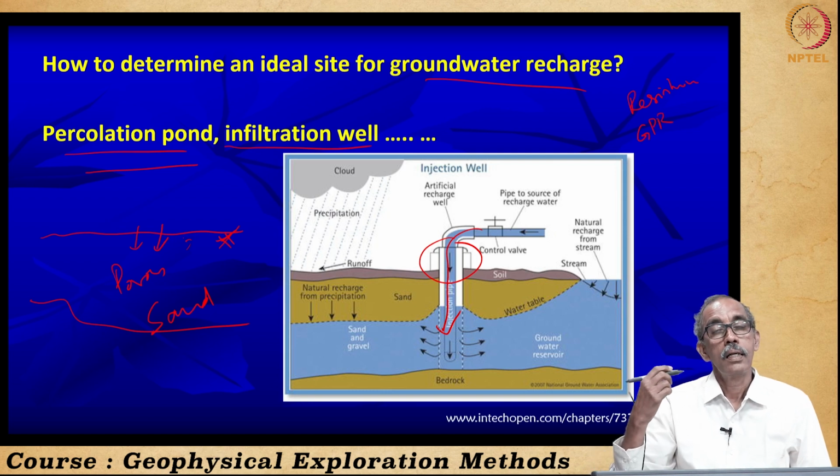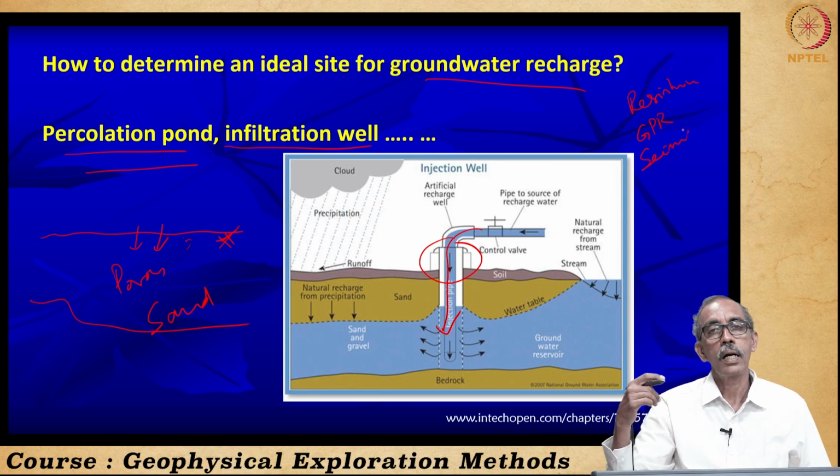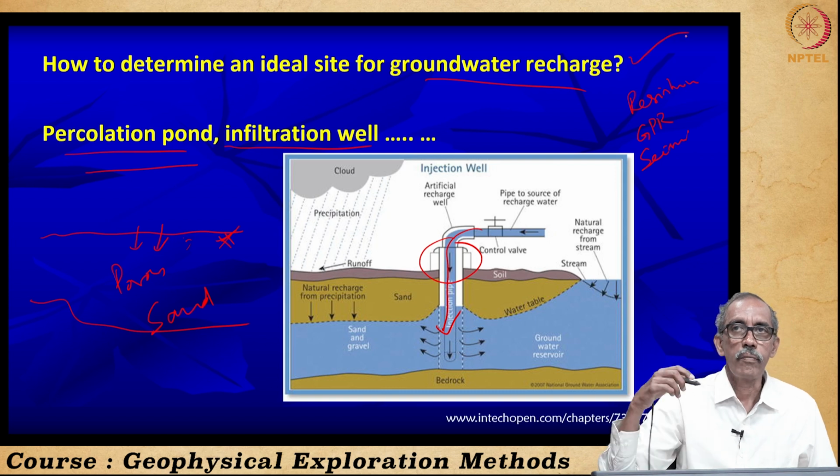If you have a simple seismic system, why not? Seismic system can also be used because the sandy formation as well as the water table can be determined by seismic methods. So, these are all the simple methods which we can use to answer this question.